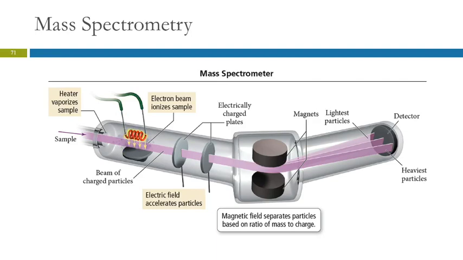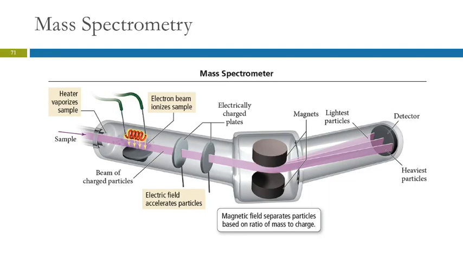So generally it makes a negatively charged particle by adding an electron. Adding an electron doesn't really matter that much because the electrons are so teeny tiny. That makes the particle have a charge, and with a charge on it now we can use electrical fields to move that ion. So we have electrical fields here that accelerate the particles.